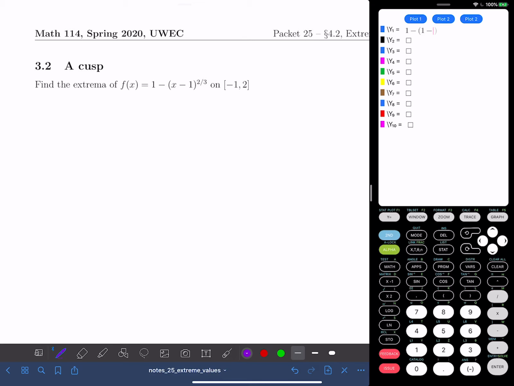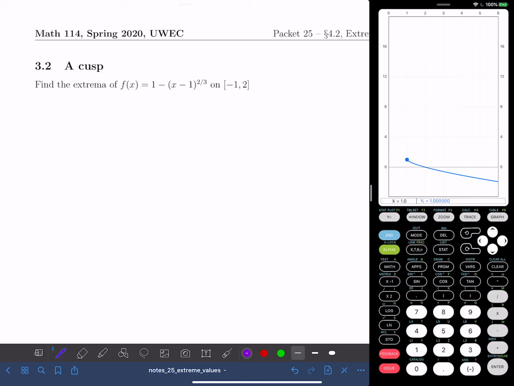1 minus x minus 1, to the 2/3, graph. Let's see here.